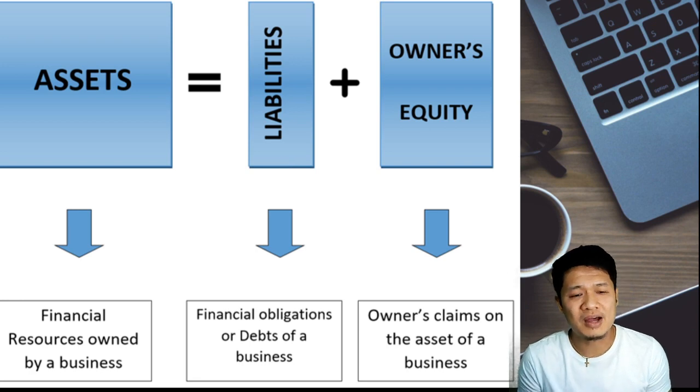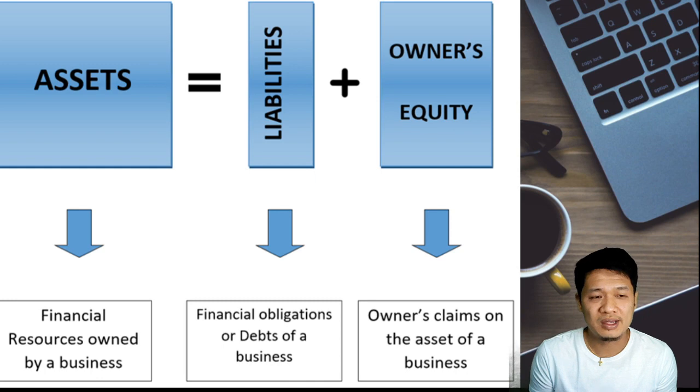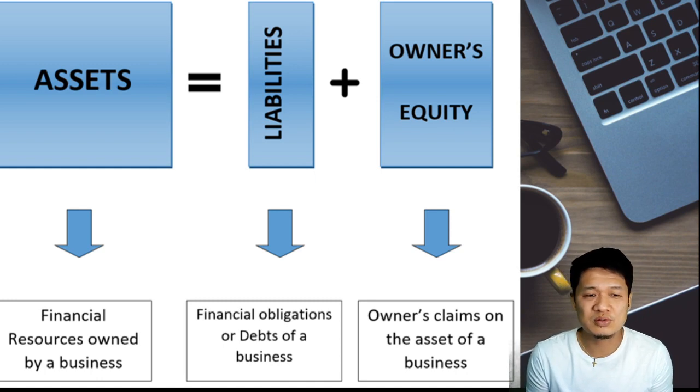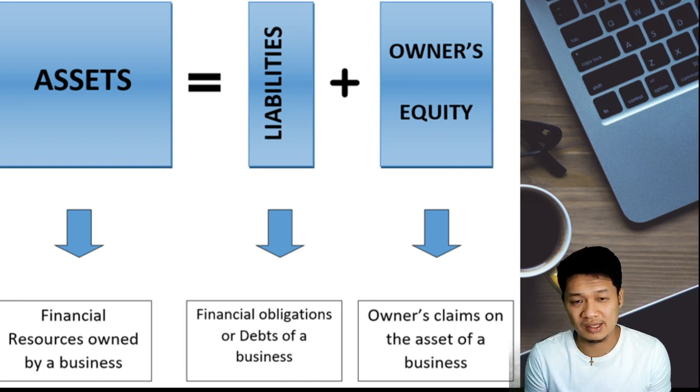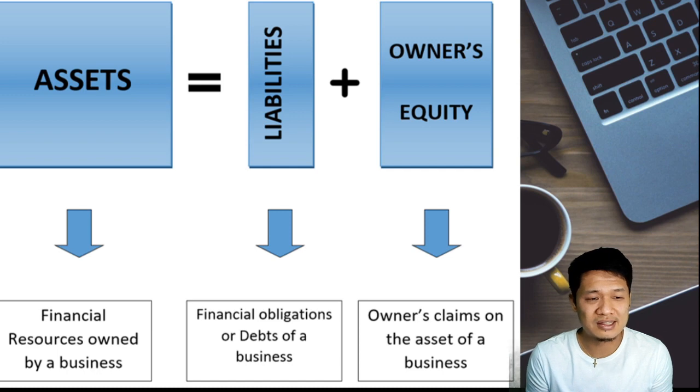Okay, so going back to our previous lesson, we talked about the accounting equation wherein we have asset is equal to liabilities plus owner's equity. Asset, we discussed, is the financial resources owned by a business, wherein liabilities are the financial obligations or debts. Ito yung mga kautangan natin.